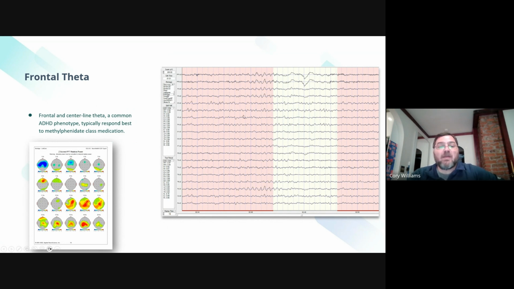This is a very classic ADHD marker, although sometimes it's a marker for emotional regulation issues as well. And it tends to respond best to methylphenidate class medication, so stimulant medication. If you look at the phenotype literature, about 35% of ADHD cases fall in this one bucket of excess frontal or central theta. Okay.